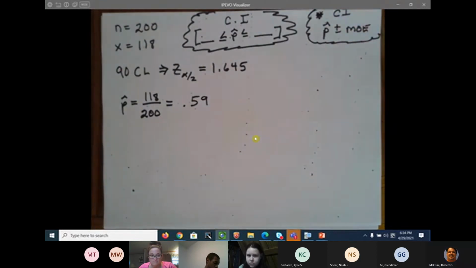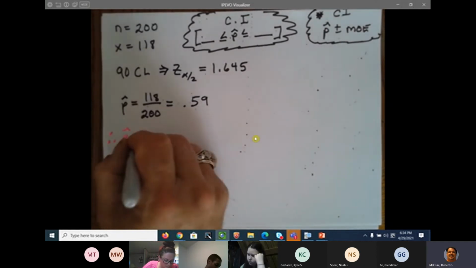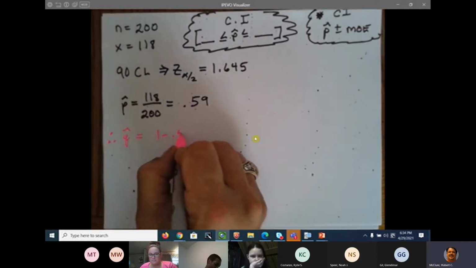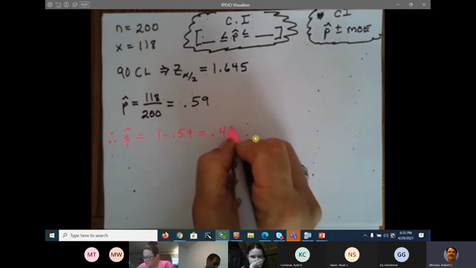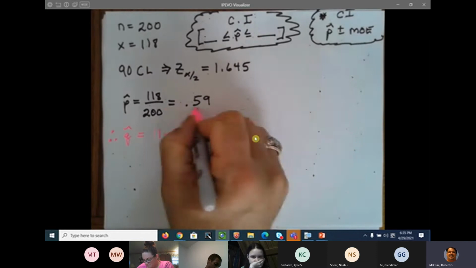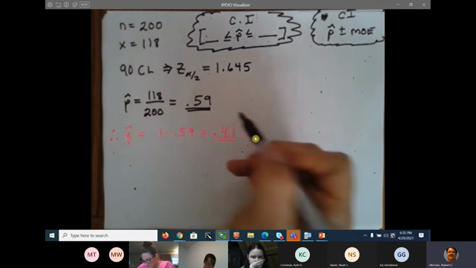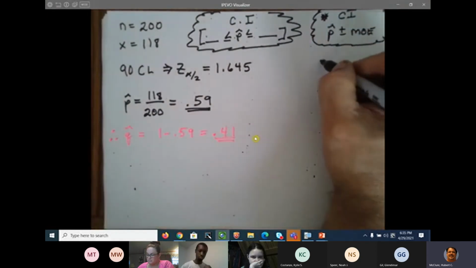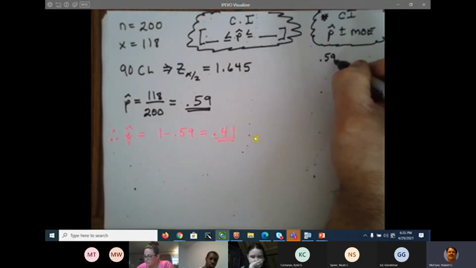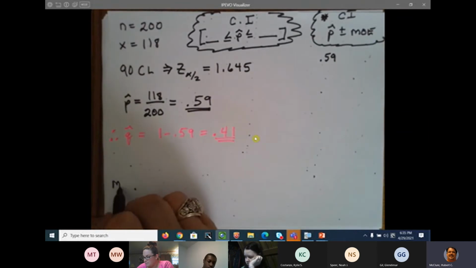Therefore, Q hat is equal to 1 minus 0.59, which is equal to 0.41. Now we've got P hat. I'm going to take it over here and put 0.59 right there, and we're going to find the margin of error now.